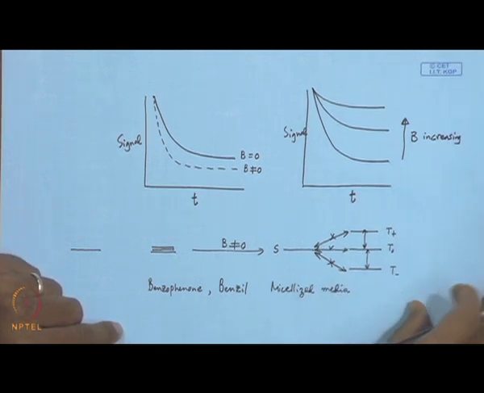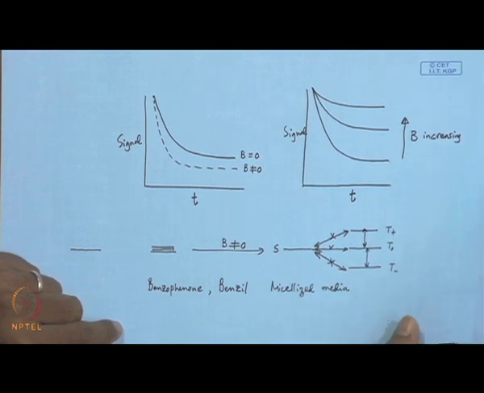But in the other case, if you take neat solvent, say for benzophenone, do you expect any magnetic field effect? The answer is, magnetic field effect is very feebly seen, or maybe sometimes you cannot detect any magnetic field effect.